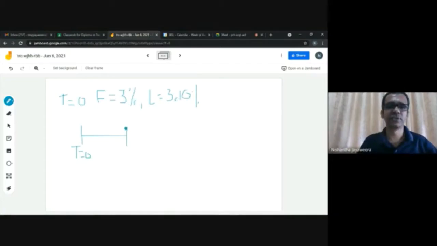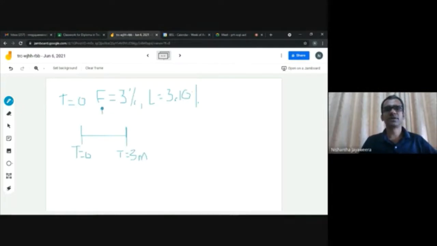So what do they do after 3 months? This is party A. This is party B. Party A is paying fixed rate. Party B is paying floating rate.